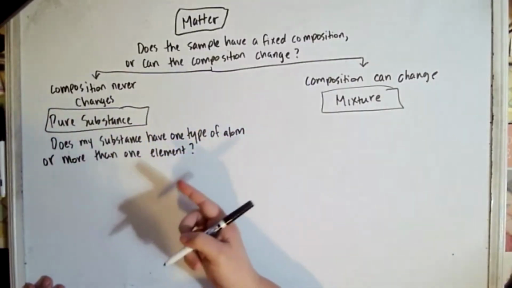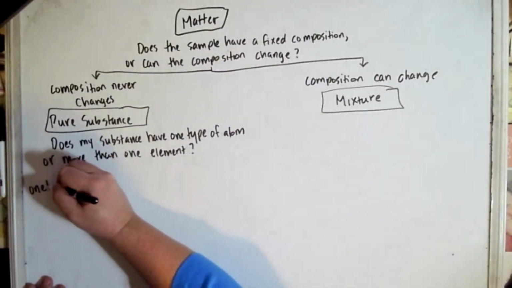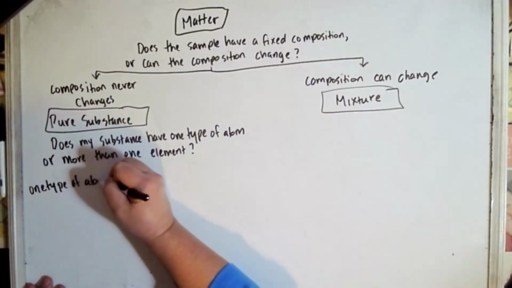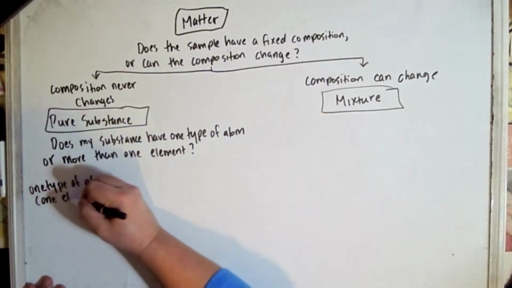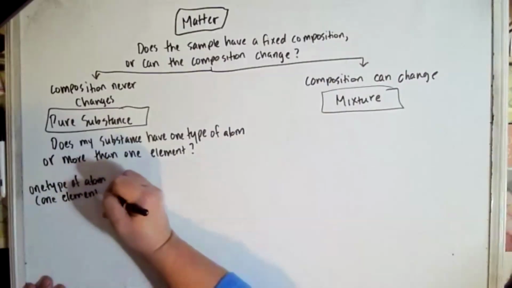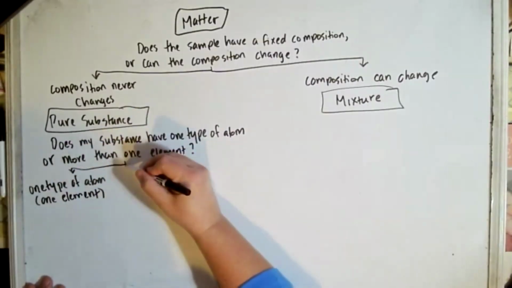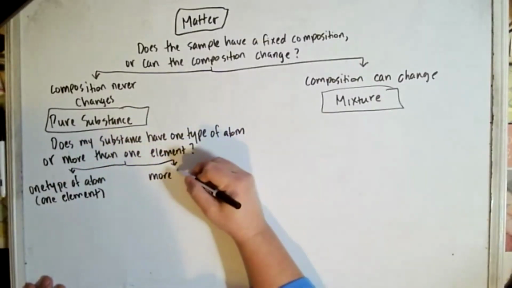Okay. So then the two answers to this question are going to be there's only one type of atom, which means that there's only one element present, or there's going to be more than one element present.